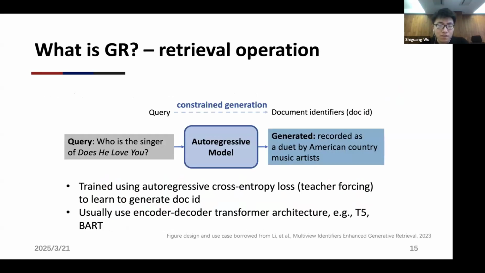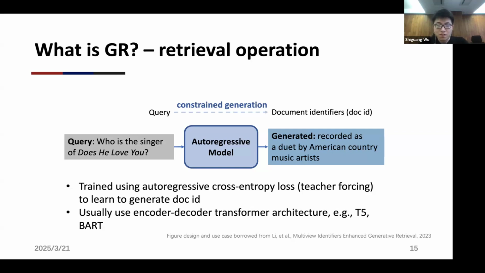Next is generative retrieval, GR, which is another important component in our paper. Here is a brief introduction of this paradigm. Given a query in text form, it is directly input into an autoregressive model, and this model directly generates the document ID.